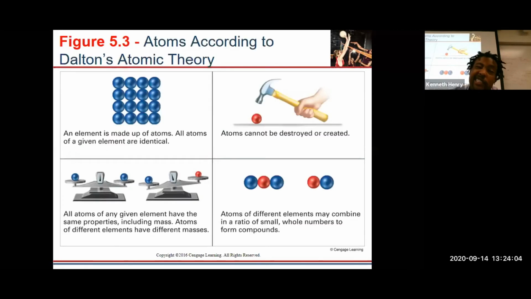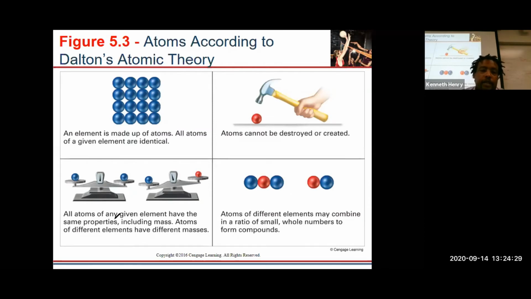Okay, so this picture is kind of showing us what he meant. The first one shows that all of the atoms look identical. They're exactly the same, right? The next one is, an atom can't be destroyed or created. And that's with the hammer, right?